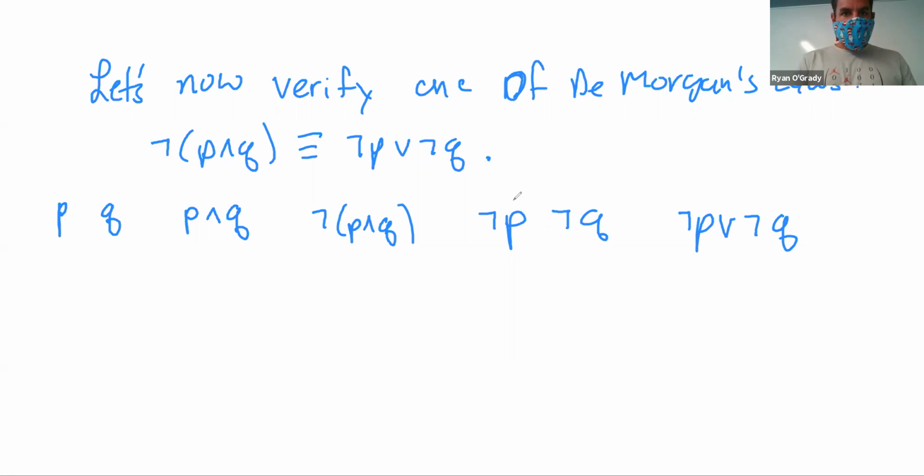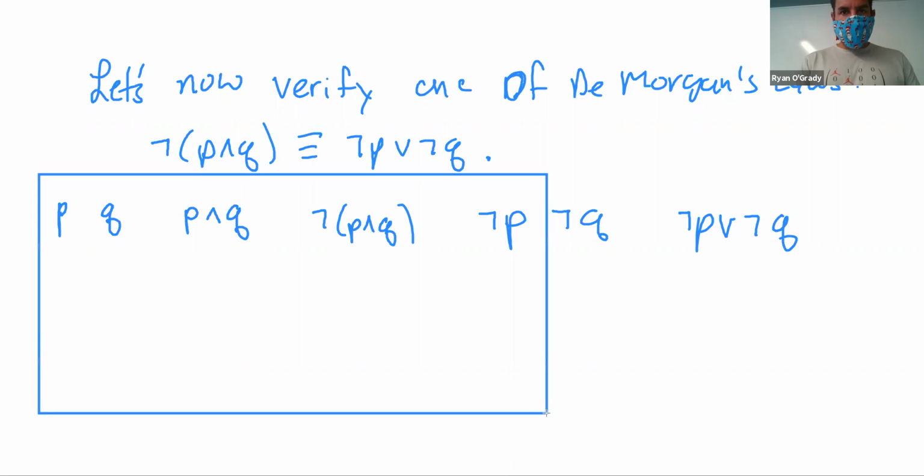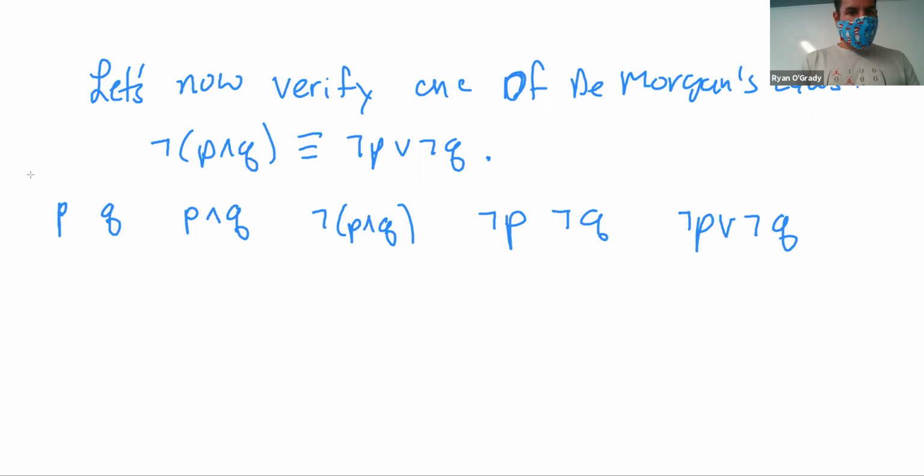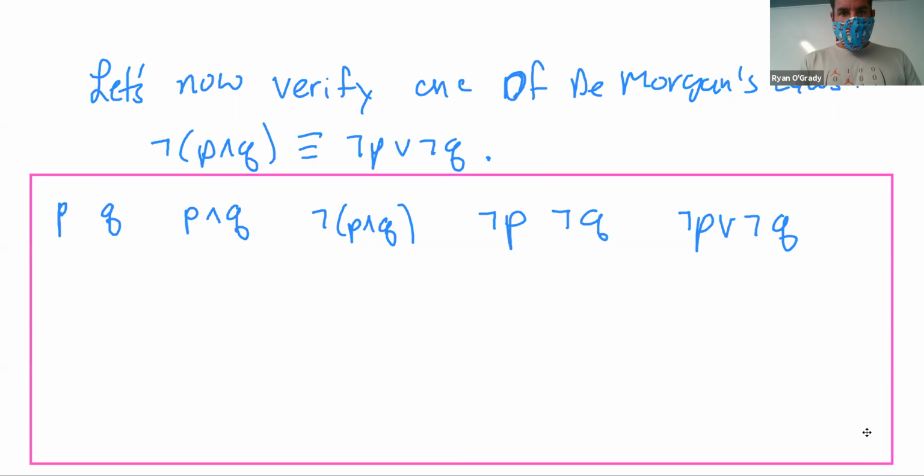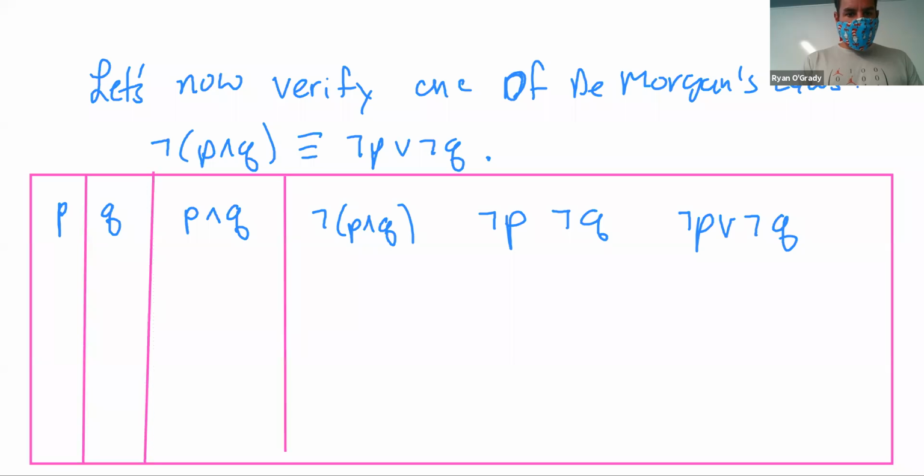So let me build my little block, make it a nice little table the way we like. Let's use a different color. We'll use pink. And then let's make sure we divide these up properly. These 2 are our starting points, our building blocks. Then these guys are pieces to the puzzle.